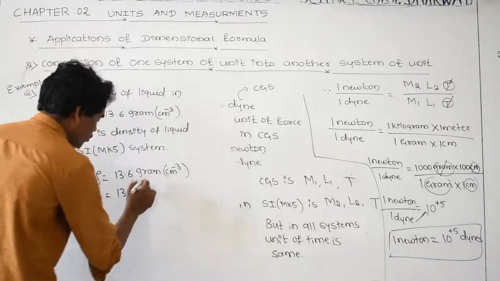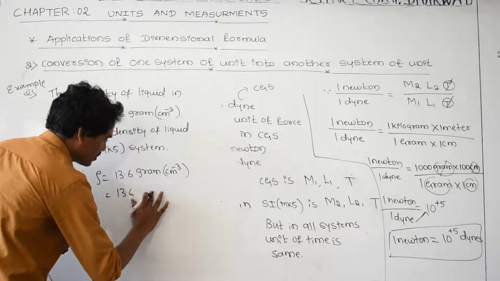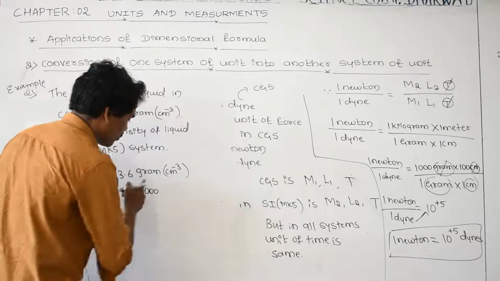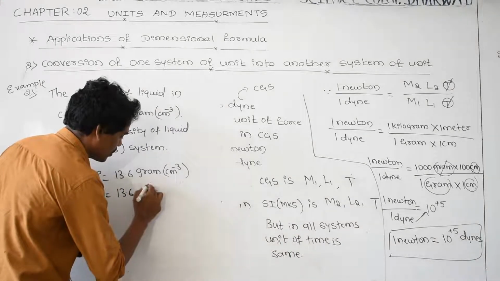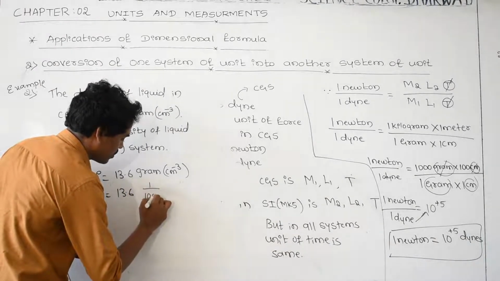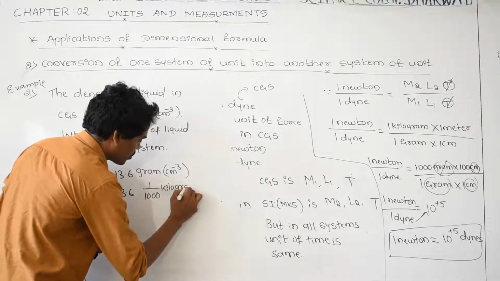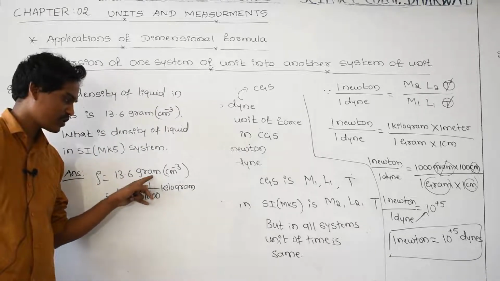First of all, 1 gram means 1 by 1000 kilogram. Because how to convert? 1 kg is equal to 1000 grams.